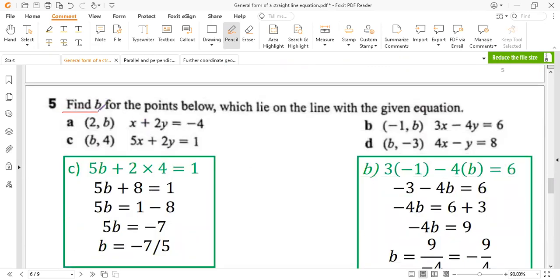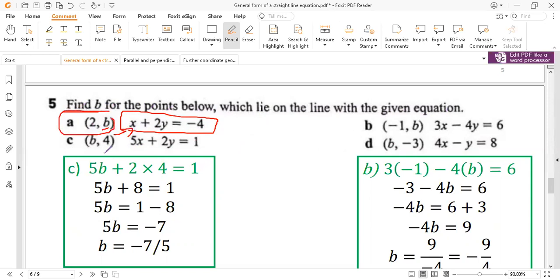They ask us in exercise 5 to find small b for the point below, which lies on the line with the given equation. We have an equation, for example here, that isn't in the general form or in the form y equal to mx plus b, okay? But we need to find small b, where this point lies on this line.